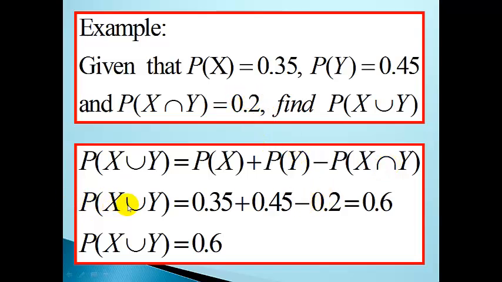So the probability of X union Y will be equal to 0.35 plus 0.45 minus 0.2, and this is equal to 0.6. So the probability of X union Y is equal to 0.6.